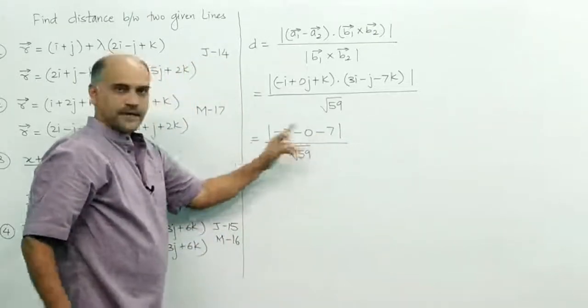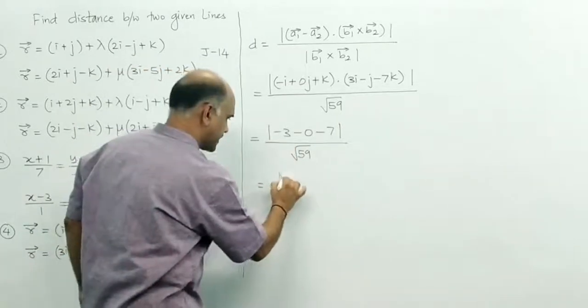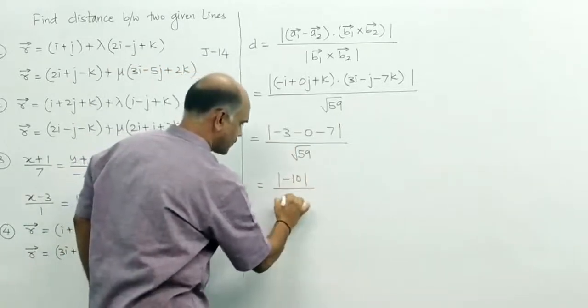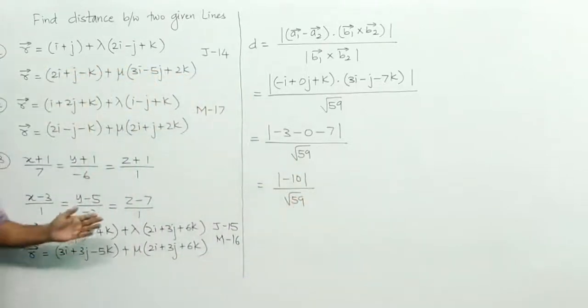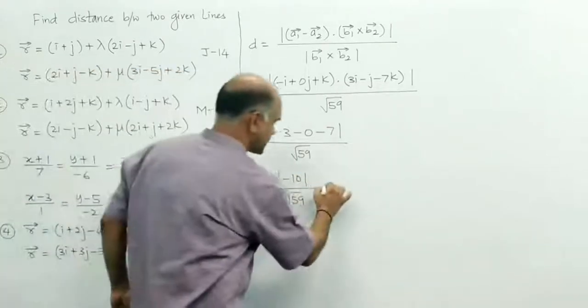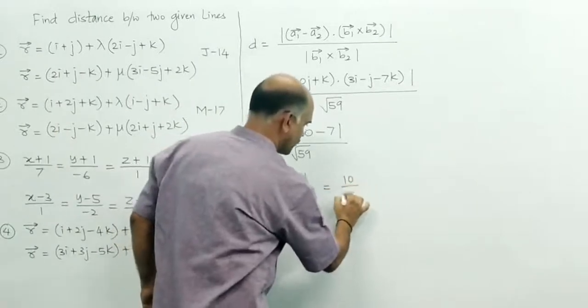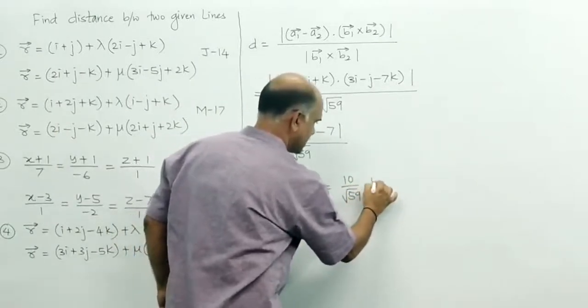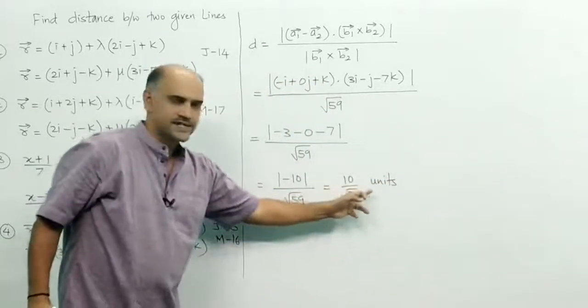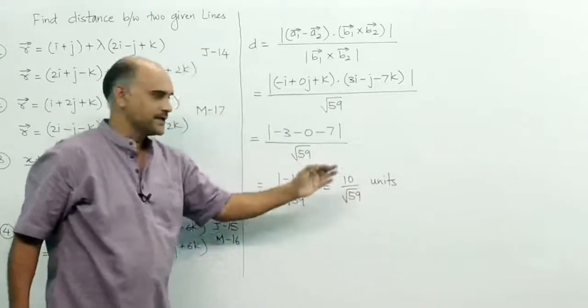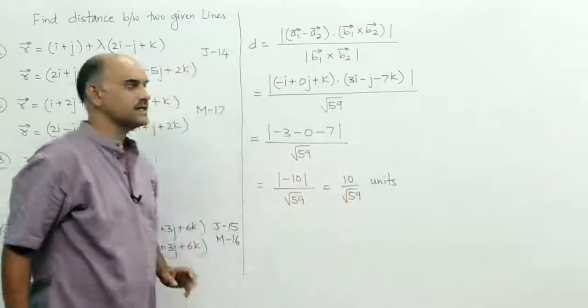So minus 3 minus 7 is minus 10. So mod of minus 10 by root 59. Mod indicates that you are required to take plus. So this is equal to 10 by root 59 units. As it is distance, lastly you write it as units. It may be any unit; in general we write it as a unit.